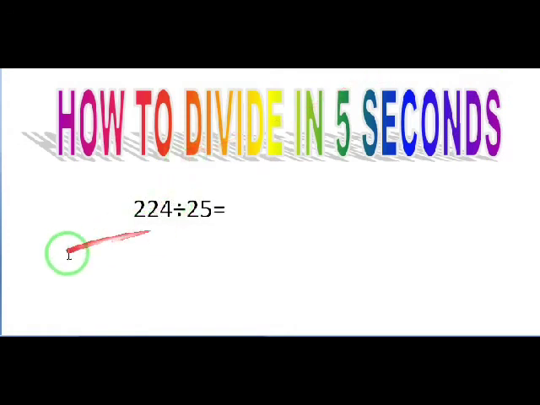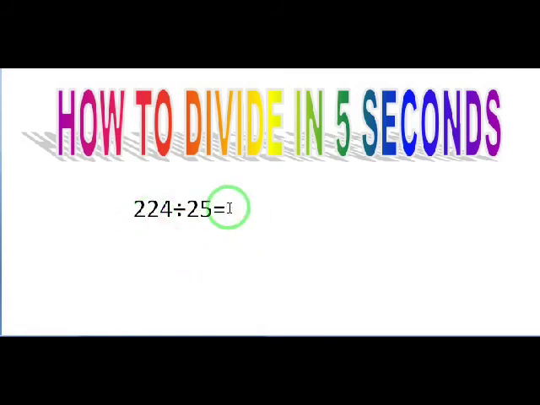So 224 is the dividend. It is similar to type 1, but a little different. Previously we were multiplying the dividend with 2, but in this case, due to the presence of 25 as divisor, we have to multiply the dividend with 4.